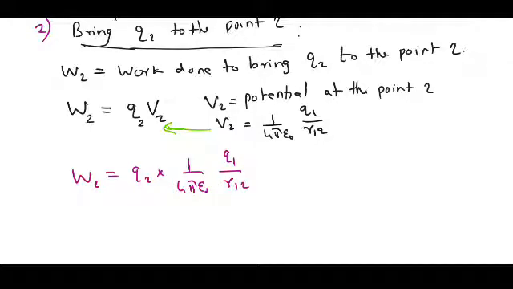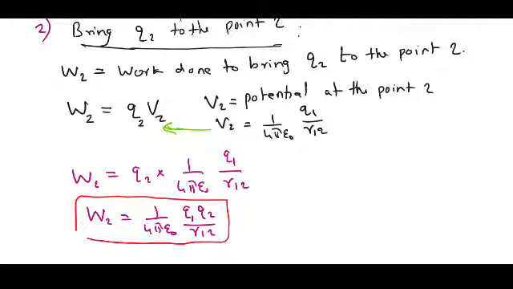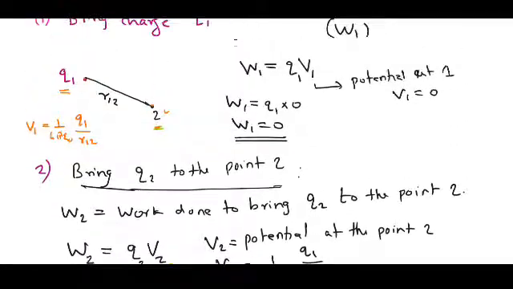Or I can write W2 is equal to 1 by 4 pi epsilon 0 Q1 Q2 divided by R12. This is the amount of work that has to be done to bring the second charge to the position R12.